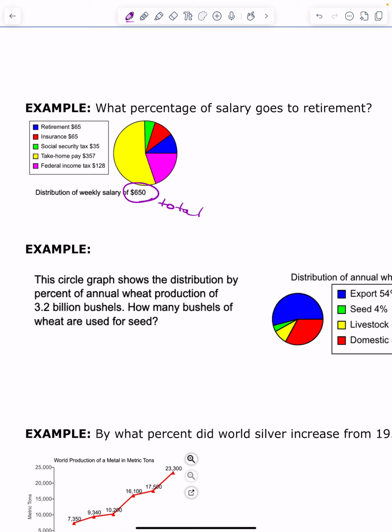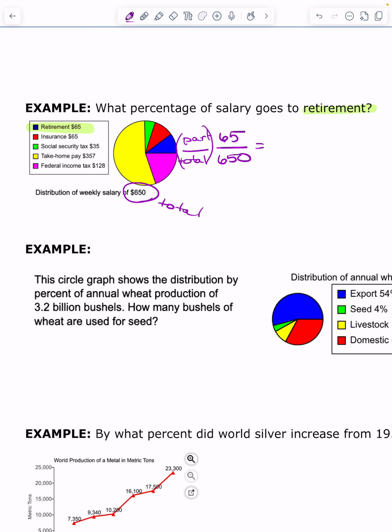We want to know what percentage of the salary goes to retirement. And so our retirement contribution is $65. So 65 out of our total, here's our part, here's our total, is going to be the percentage that goes to retirement.